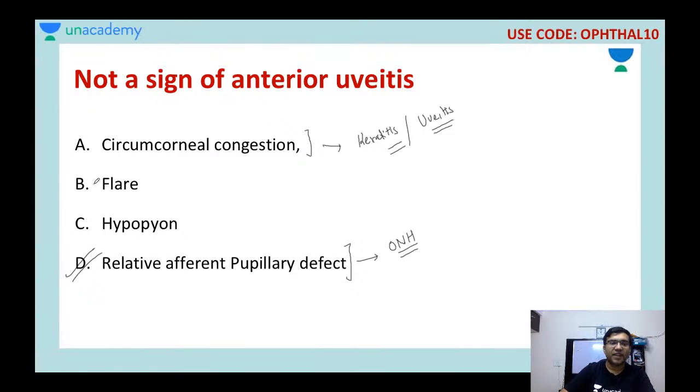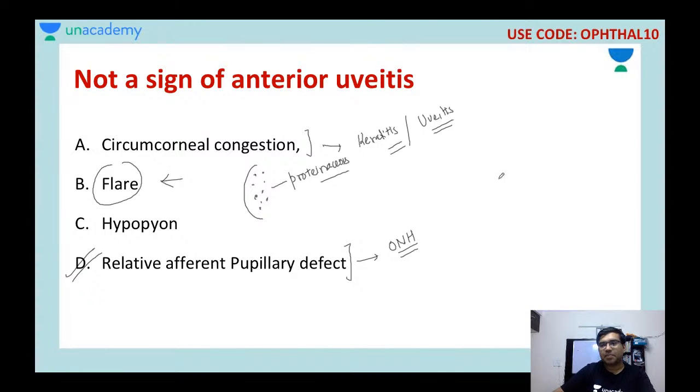Flare, what is flare? In the anterior chamber, in the aqueous humor, if you are seeing the proteinaceous deposits, they are basically called flare. Then we have hypopyon.